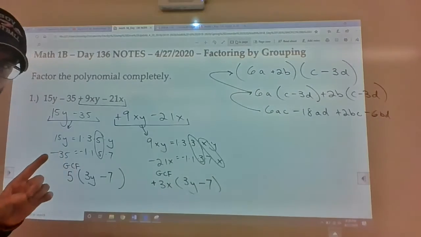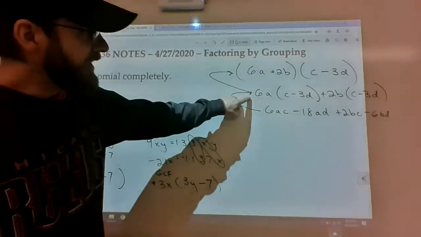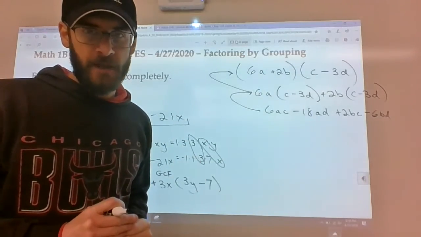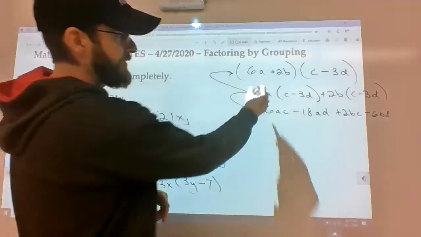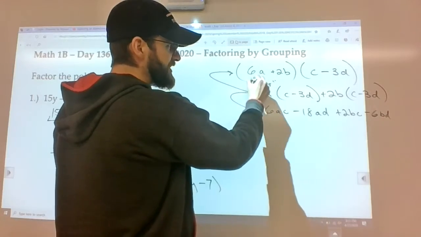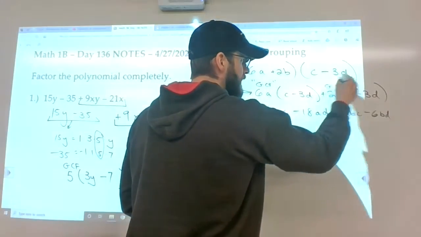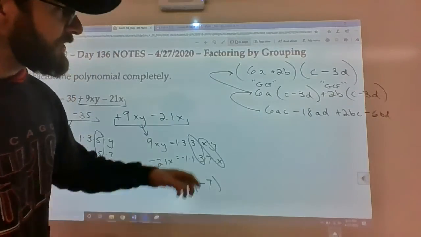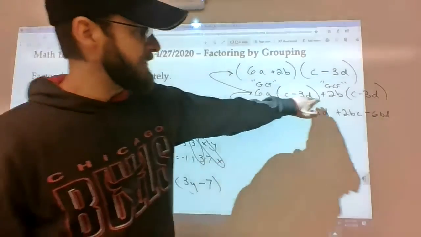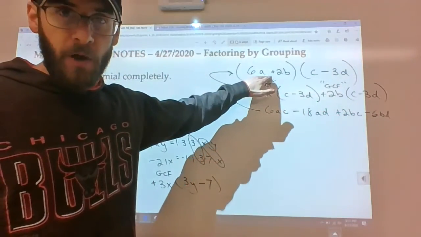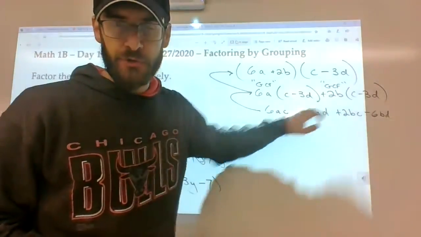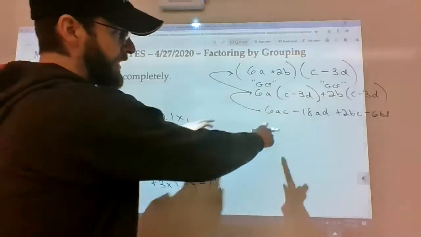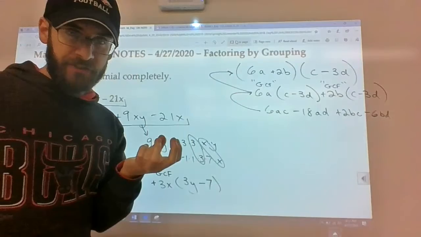So now it's a matter of saying, how do we move to this group here, where it's two factors side by side multiplied? Well, it seems like these are almost like our GCFs if we were doing the factoring game. So now the GCFs, 6a plus 2b, are in a group of their own. Those two GCFs. And then the two leftover groups become one, because it's just the reverse of the distributive property.